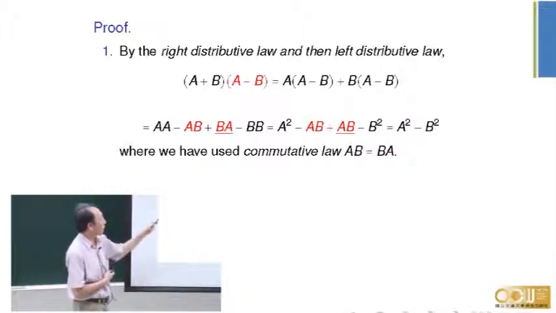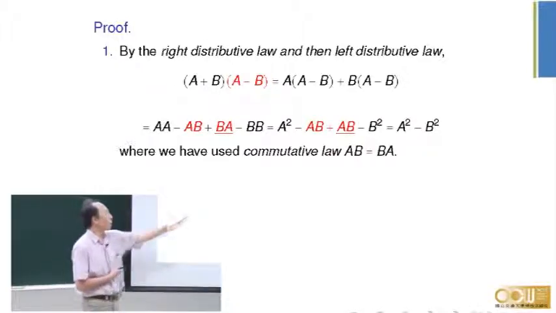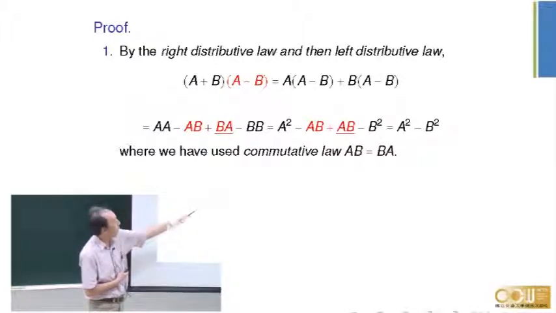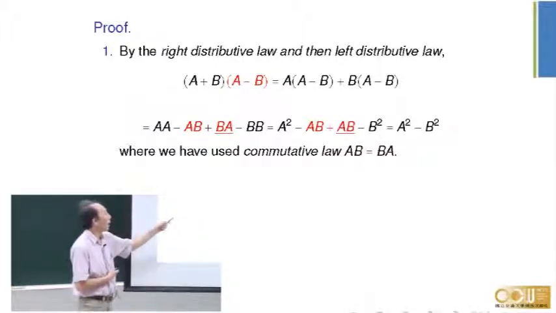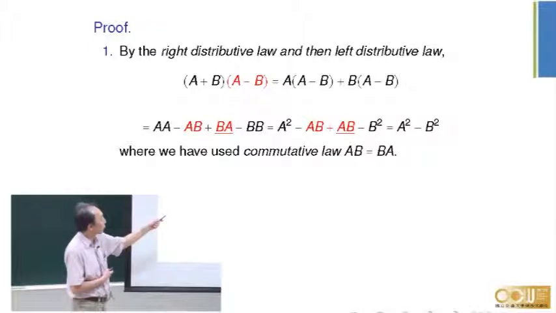I can rewrite a times a into a squared, and this quantity becomes b squared. And pay attention to the middle one. The first one is negative ab plus ba.